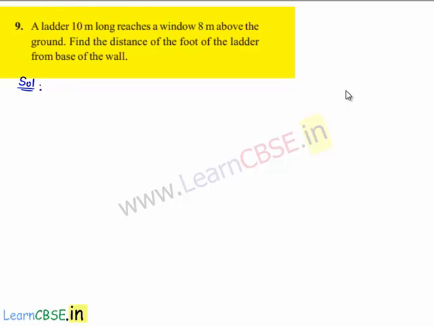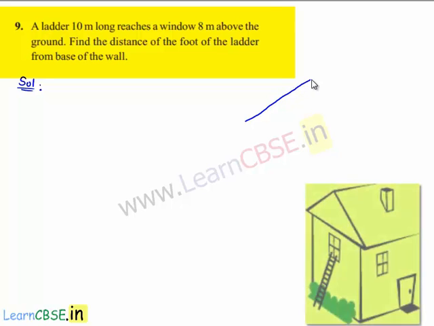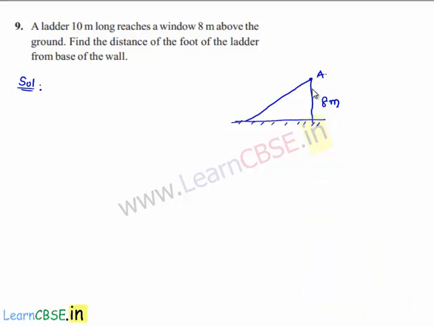He says that a ladder 10 meters long reaches the window 8 meters above the ground. So let us assume the ground, and here is window A, 8 meters from the ground level, and the length of the ladder is AB, which is nothing but 10 meters.